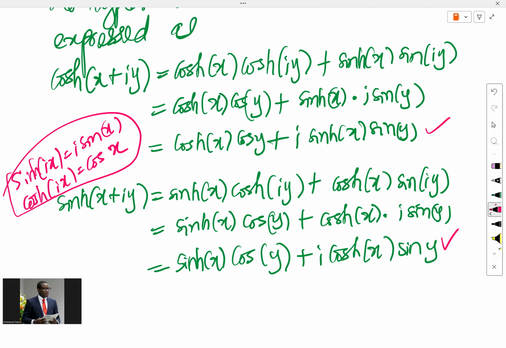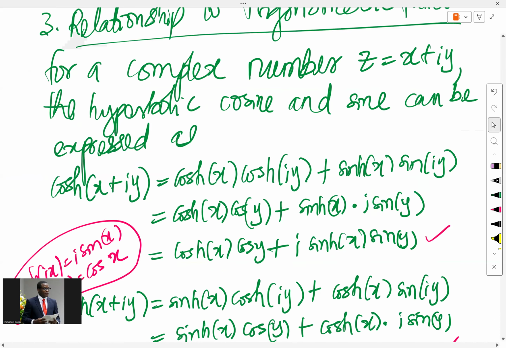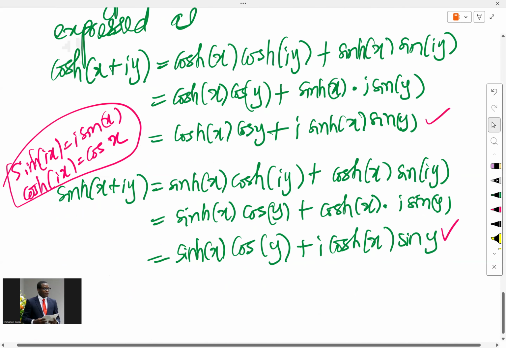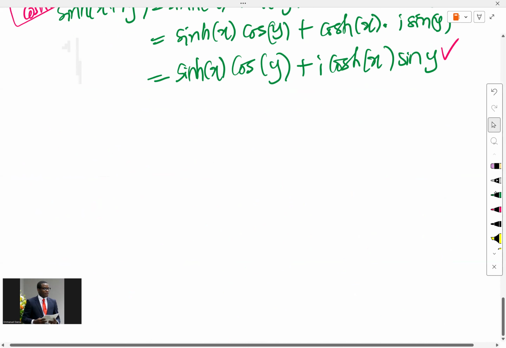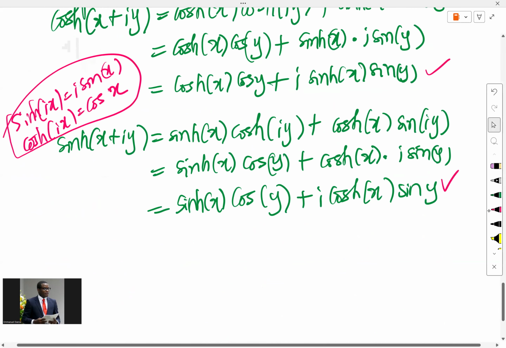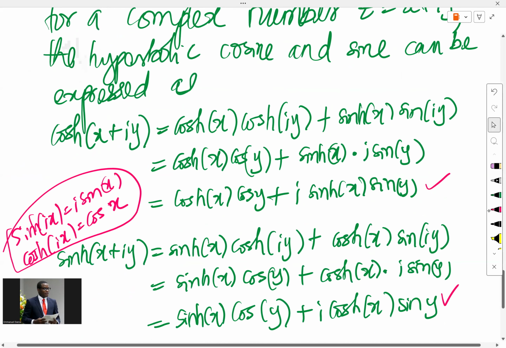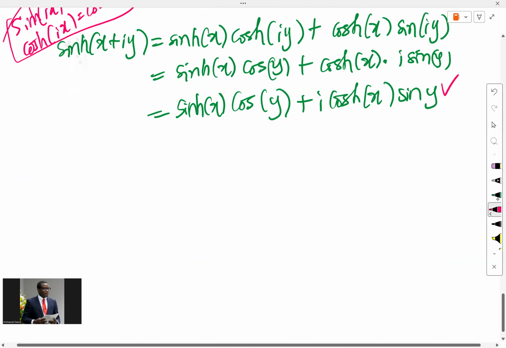So let's talk about applications of hyperbolic functions in complex analysis. So let's do that. Okay, so we go right now.